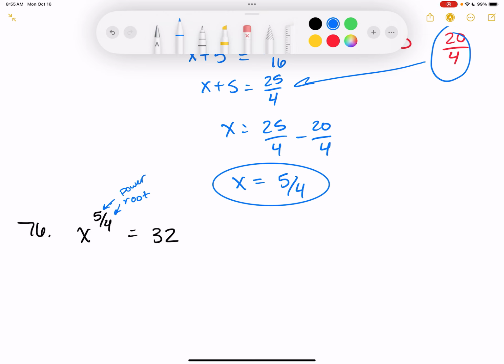So I need to undo that in order to get x by itself, because I'm still solving the equation, which means I need to get x by itself. I will always undo, well, I don't want to say always, 95% of the time, I will undo the power first. So if I am being raised to the 5th power, to undo it, I would need to do what?